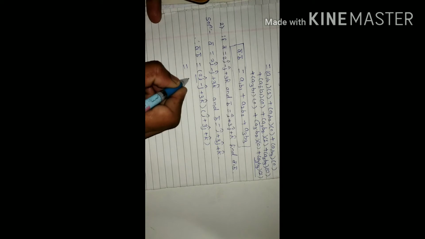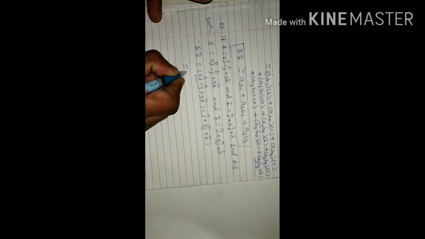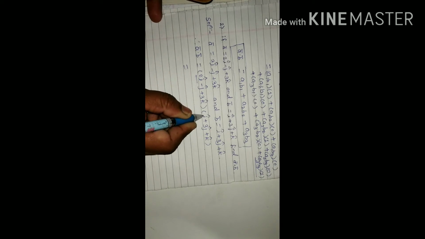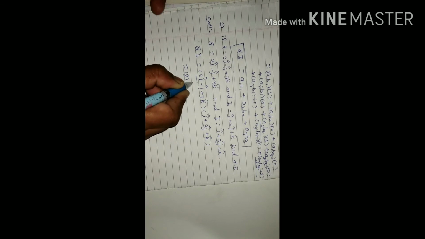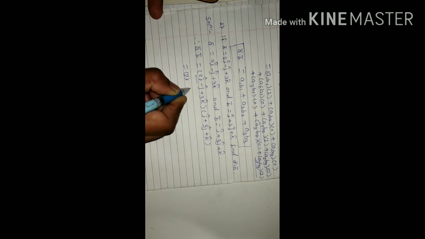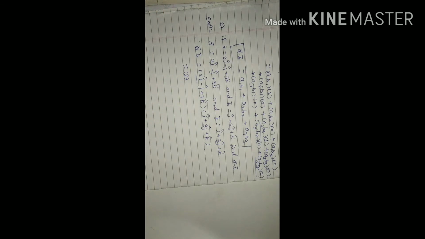We multiply the term 2i cap into the whole second bracket. Therefore 2 into 1 we get 2, 2 into i cap dot i cap, its value is 1.